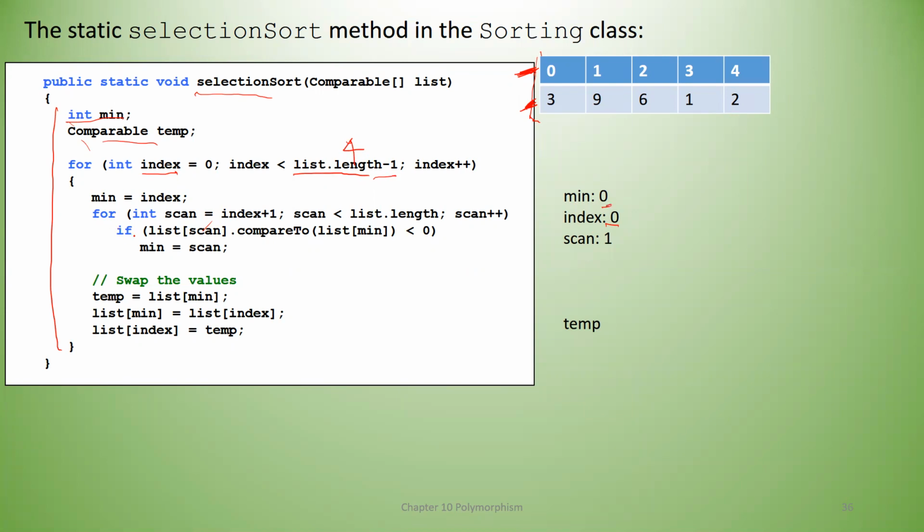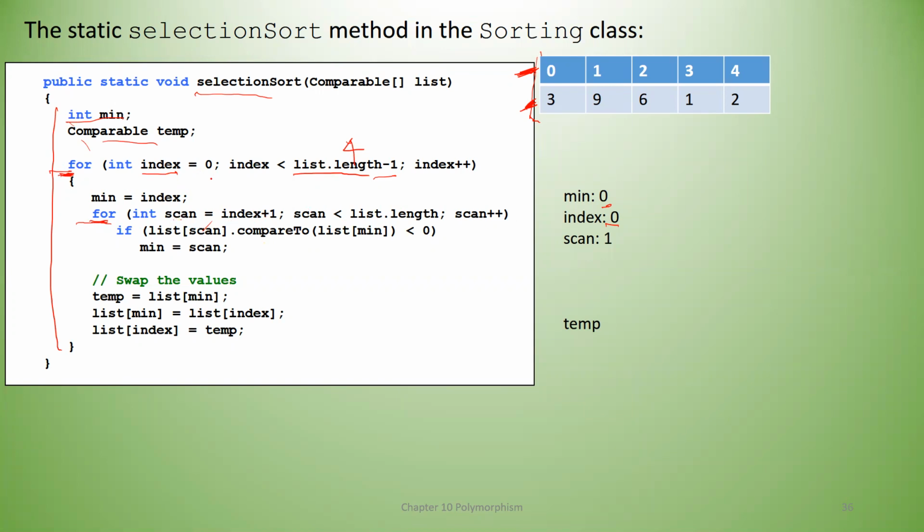Okay, so this is a for loop, right? And within this for loop, you have another for loop. This is called a nested for loop. This is called the outer for loop, and this is the inner for loop. For this inner loop, we do scan equals index plus 1.